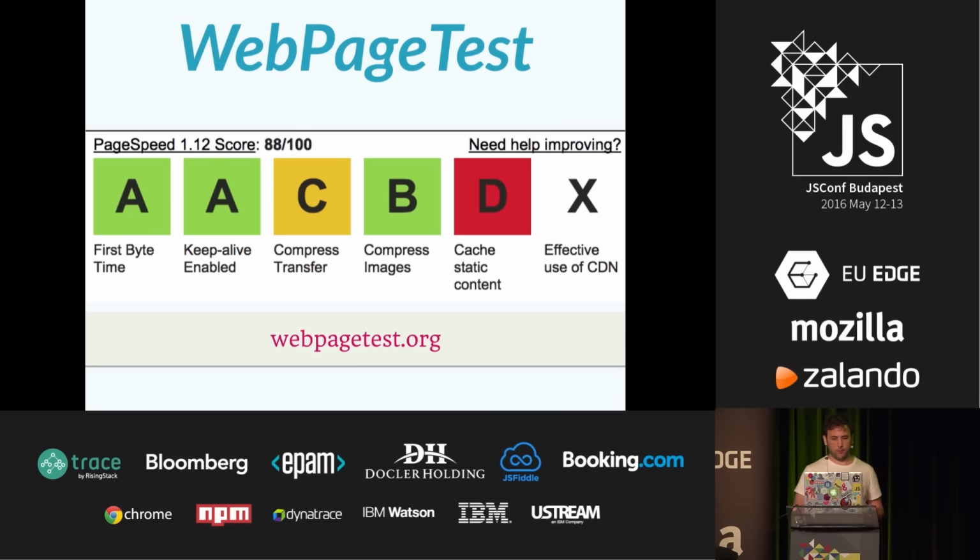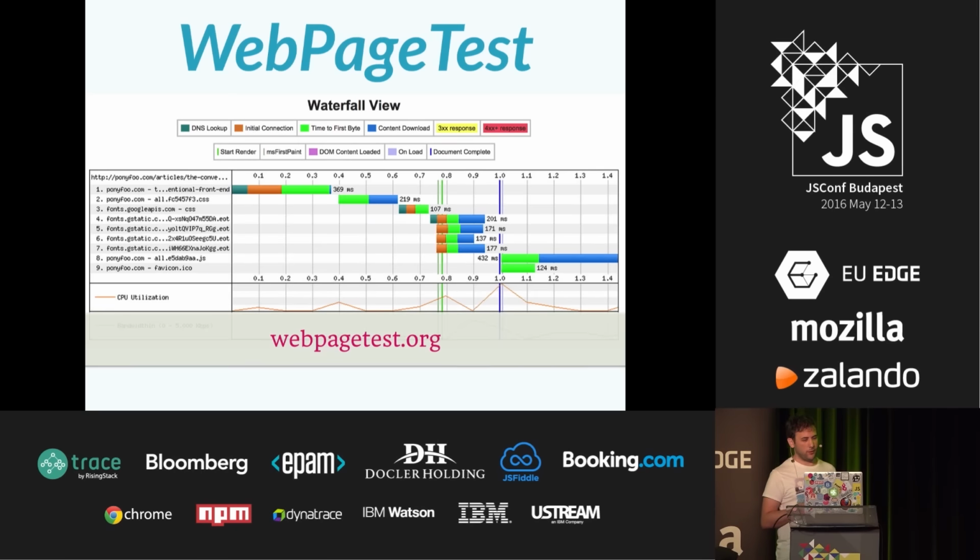Besides these grades, you also get the waterfall view, which is a very easy way to look at how your page is loaded and what resources block the next few. So, for example, in this example, you can see that fonts are blocking everything else.